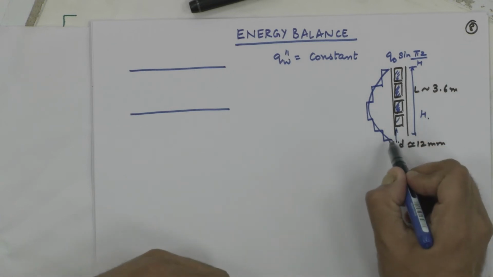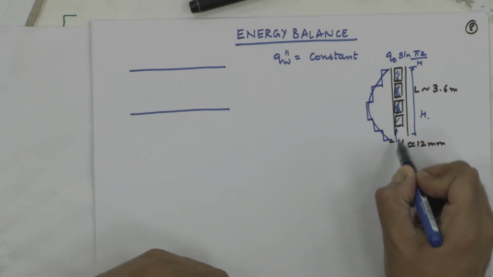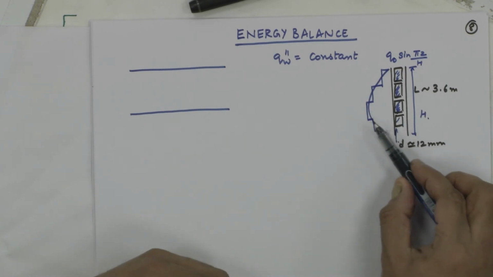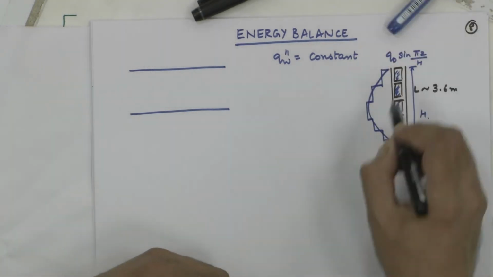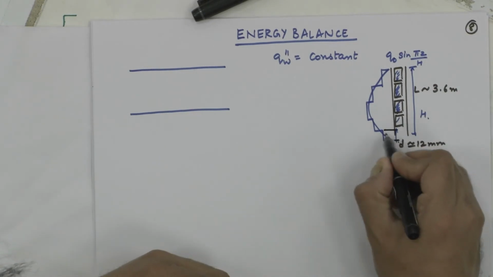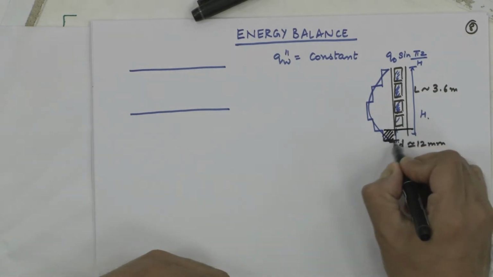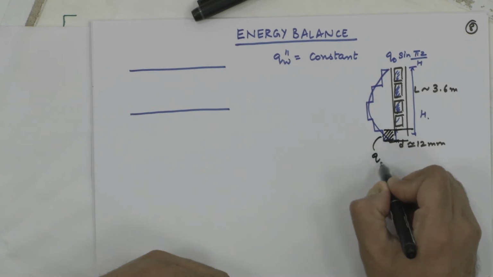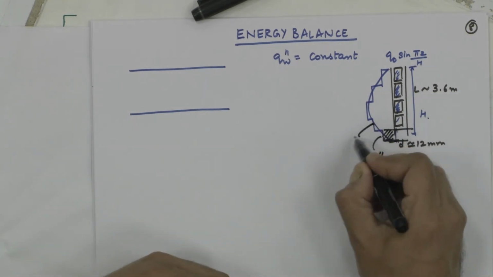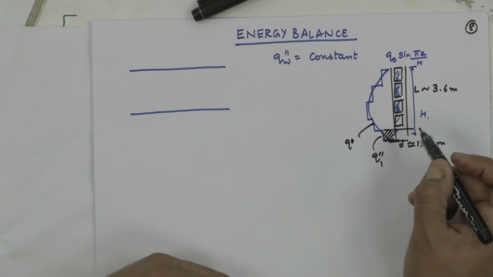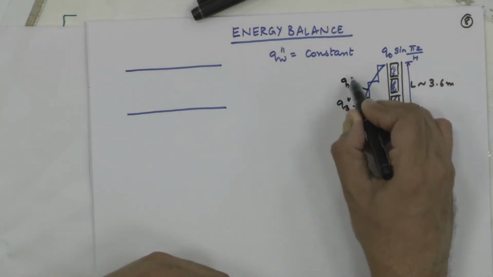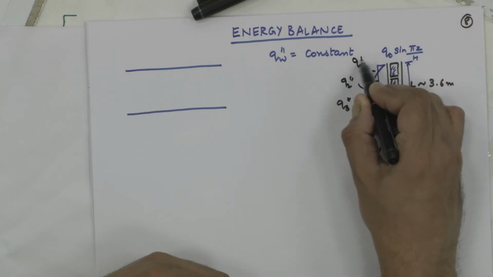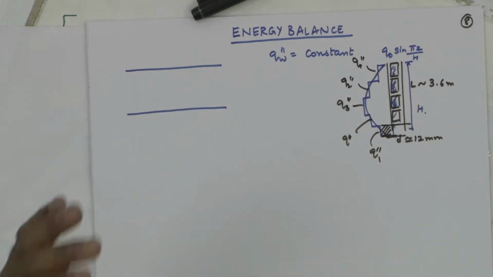You will mathematically transform these things through an equation to a smooth function. So, for example, if I am going to do the analysis of this part, I can do it as this region has a constant heat flux given by Q1 double prime, this one has a constant heat flux Q2 double prime, this is Q3 double prime, this is again Q2 double prime, Q1 double prime. I can do the analysis this way or do the sinusoidal function and do the analysis.